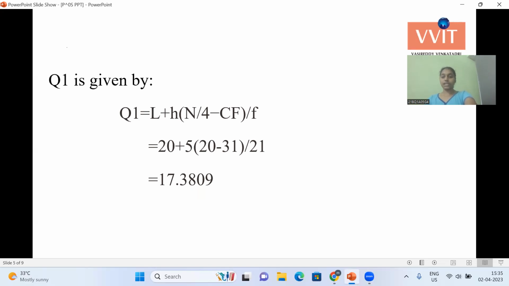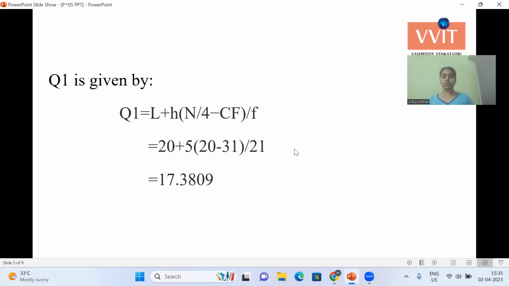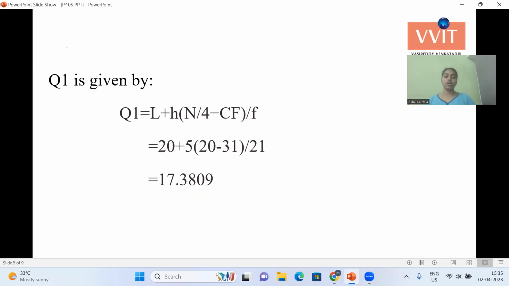Capital N is 80, so 80 by 4 equals 20. 20 minus CF value 31, divided by small f, the frequency of the median class, which is 21. If we calculate this, we get 17.3809. This is the value of the lower quartile.